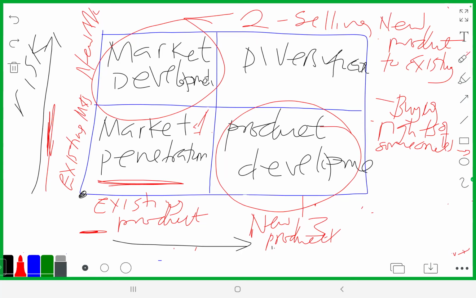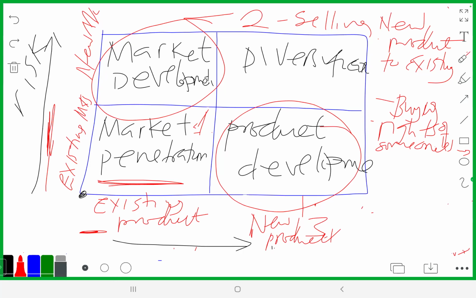This is a new product that you want to sell to the already existing market. So you can buy the rights of the other firms, then you produce this new product under them. People buy the name that has already been in existence for some time, and that's basically what happens.